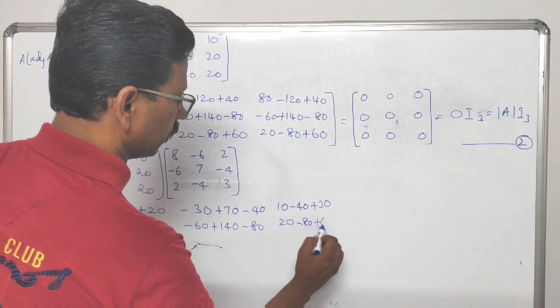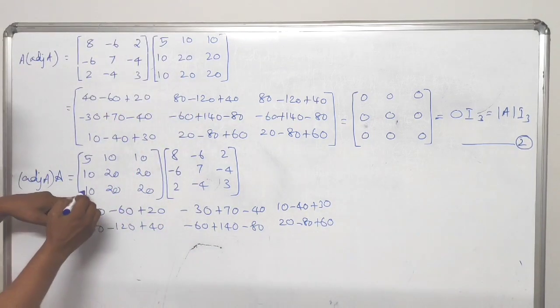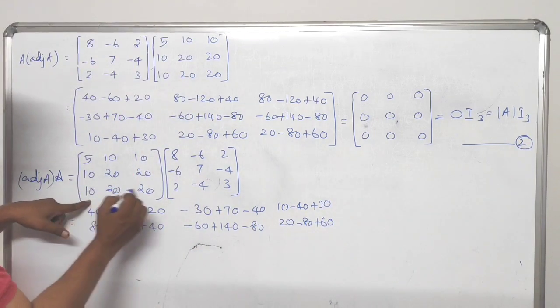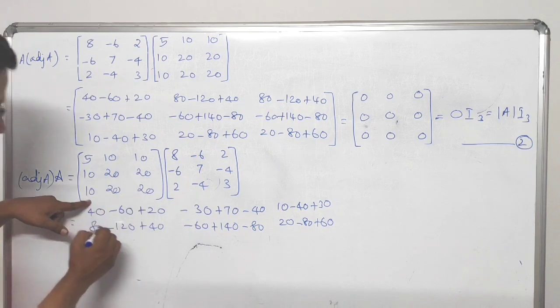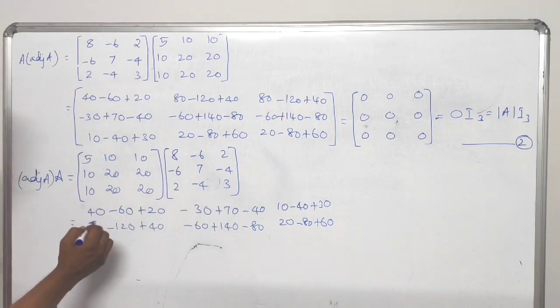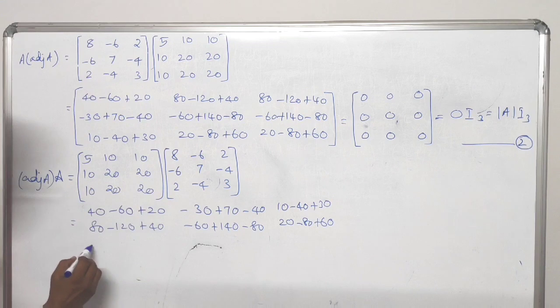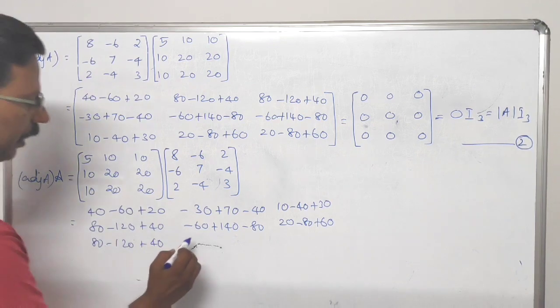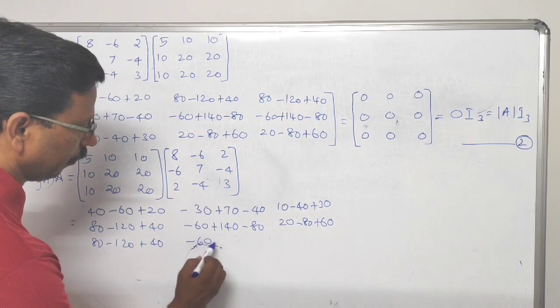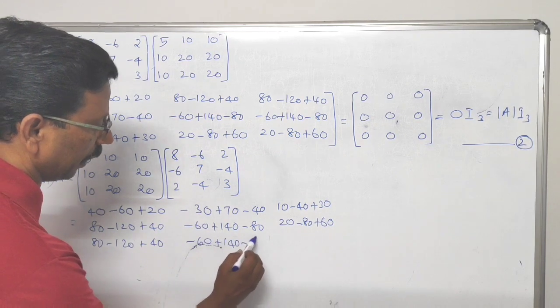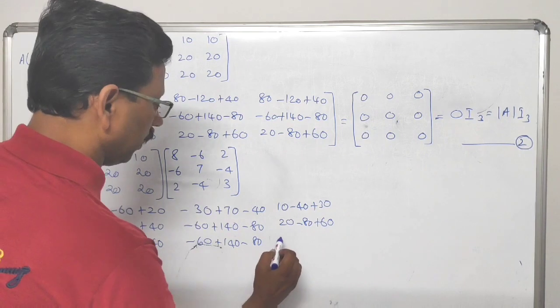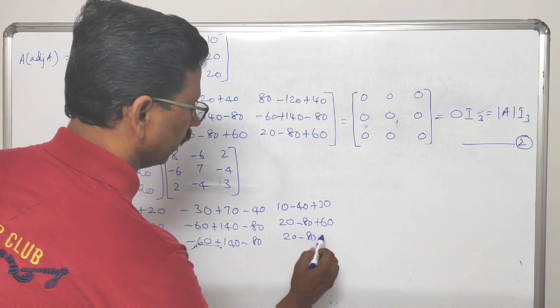Now we have elements in the third row similar to our second row. Therefore you can write the same product as the second row. That is, 80 minus 120 plus 40. Here also minus 60 plus 140 minus 80. Now you can write 20 minus 80 plus 60.